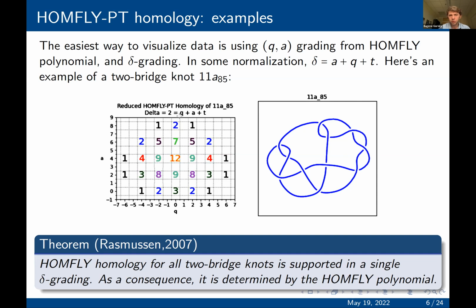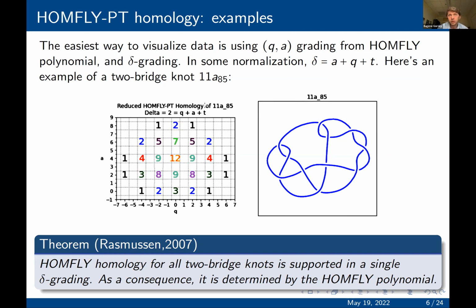If you know A and Q, you know the parity of the T grading. So up to signs, these numbers are the coefficients of the HOMFLY polynomial. There are no cancellations if you take the Euler characteristic. The HOMFLY polynomial is just the sum of these terms with signs depending on the parity of T. Or, this is probably not the standard T, but whatever.